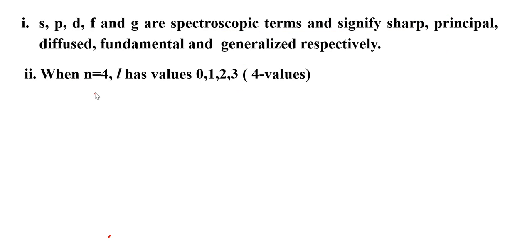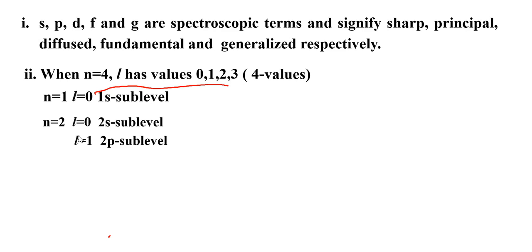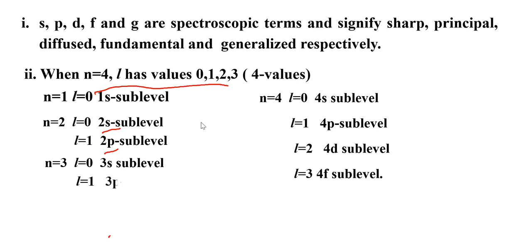When n equal to 4, l has the values 0, 1, 2, 3, total 4 values. N equal to 1 means l equal to 0. N equal to 2 means l equal to 0, 1: 0 means 2s, 1 means 2p.